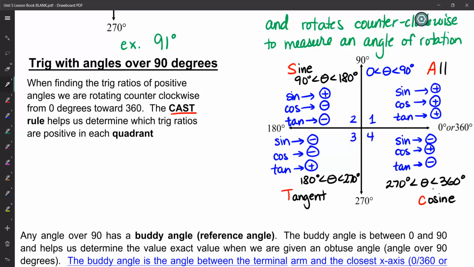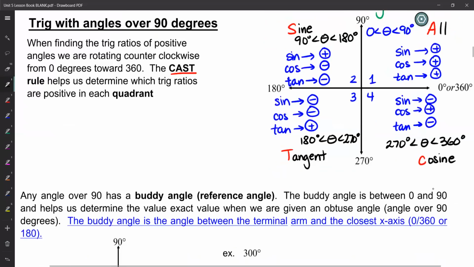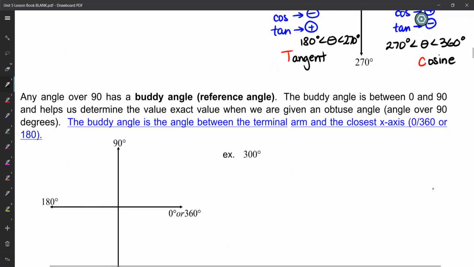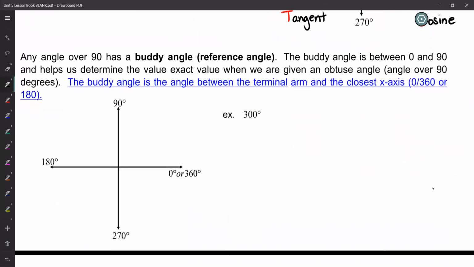The last thing that we need to know to set us up for the types of questions that we're going to do today is reference angles. So any angle over 90, in grade 10, we only did between 0 and 90. Now that we're going past 90, any angle over 90 needs to have a reference angle. And I call this its buddy. Needs to have a buddy.